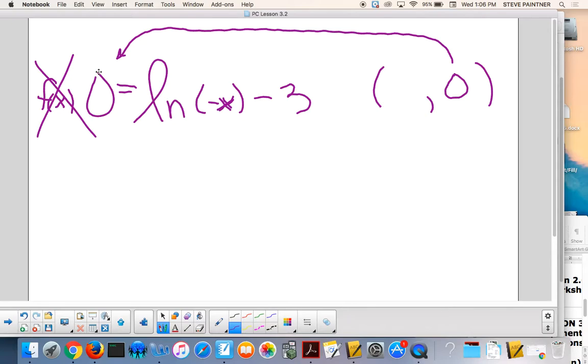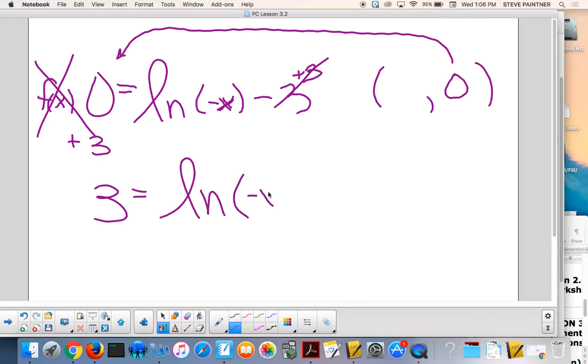Solve for ln of x. Add 3, and get 3 equals natural log of negative x. That's the number you're taking the natural log of. You can't do anything to that number inside. Whatever you're taking the log of, you can't do anything to it. So you're practically done right now.